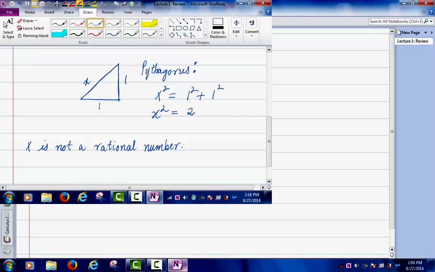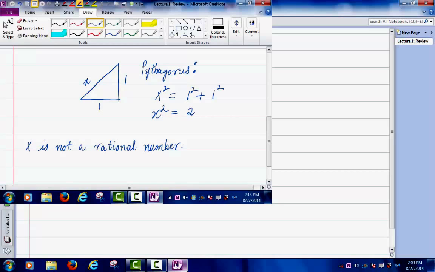And there is a proof of it, but I won't give you the proof. So they were confused because they thought the only numbers are the rational numbers. So they were so afraid that for a long time, they wouldn't call x a number. They would call x a length. So they would differentiate between lengths and numbers.